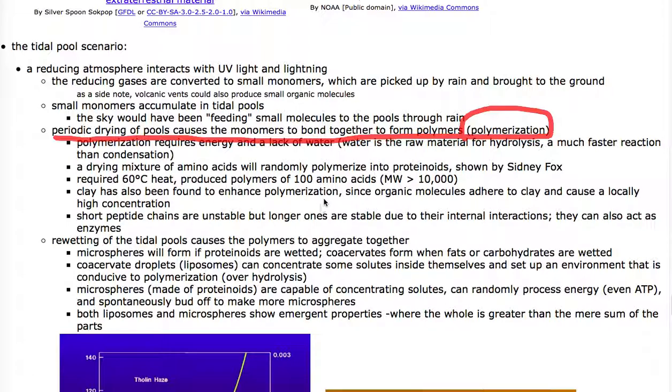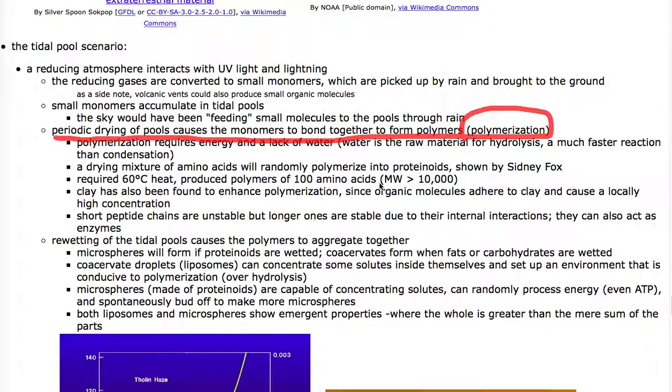Sidney Fox did a lot of extensive testing on this. Proteins, they're actually called proteinoids, do randomly form when you mix amino acids into pools and then rapidly dry them. The difference between a proteinoid and a protein, though, is that proteinoids polymerize randomly, whereas proteins are always bound by peptide bonds specifically between carboxyl and amino groups.